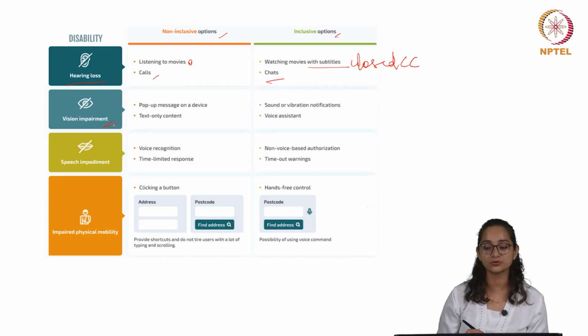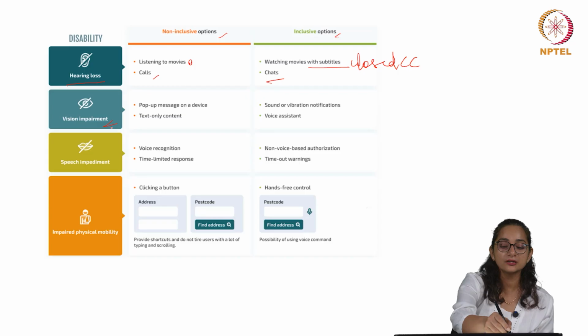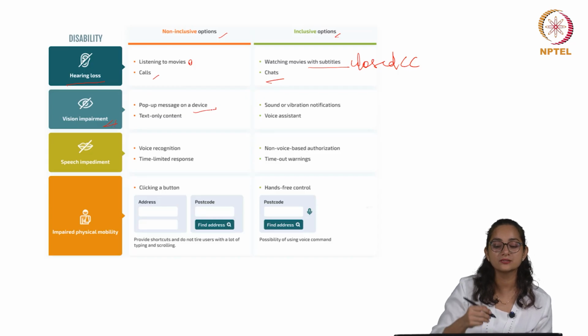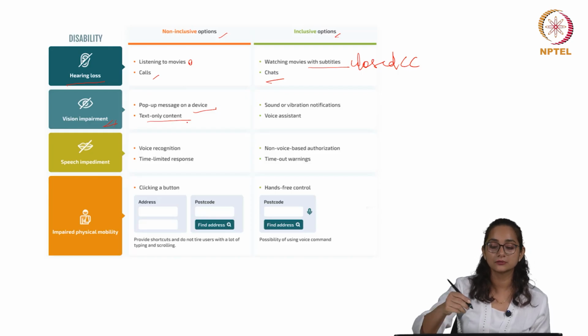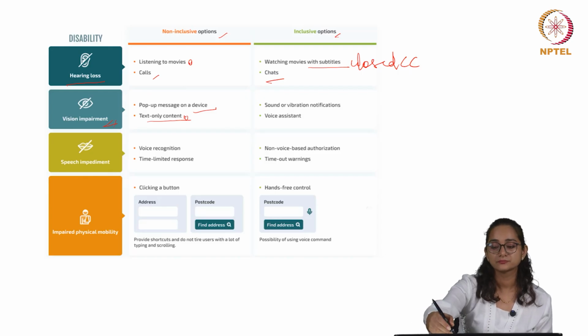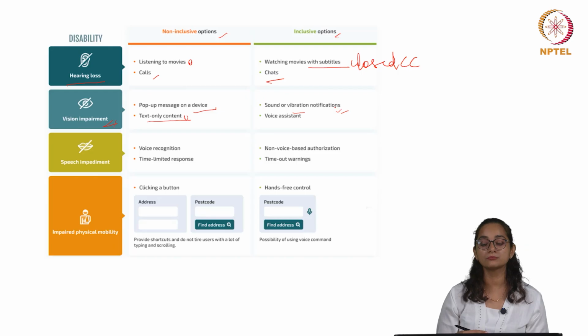Similarly, for vision impairment, non-inclusive options may be pop-up messages on a device, which are basically visual pop-ups, or text only content which is supposed to be read. In order to make it more inclusive, you can look at sound or vibrotactile notifications.